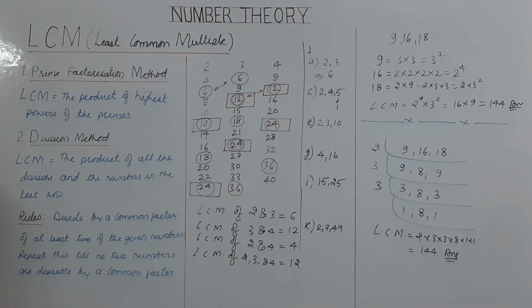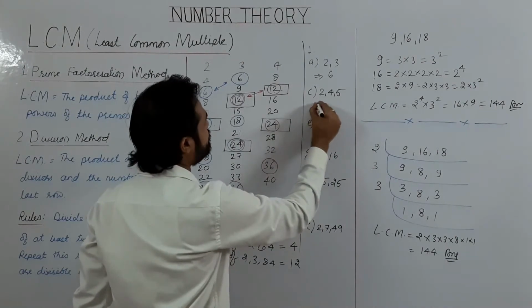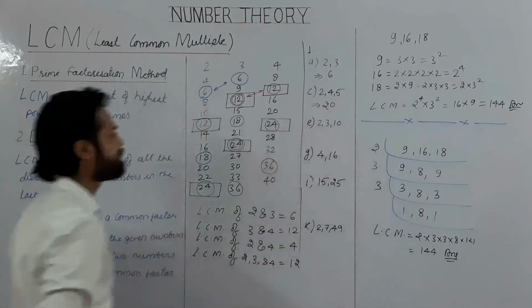So multiples of 5, after 5, 10. 10 is a multiple of 4 and 2? No. After 10, 15? No. 15 is an odd number. 20 is a multiple of 4? Yes. 20 is a multiple of 2? Yes. And 20 is a multiple of 5. So the answer is 20.